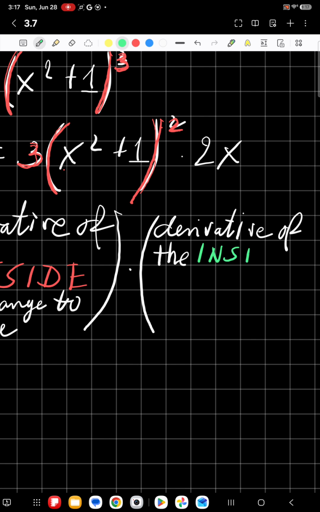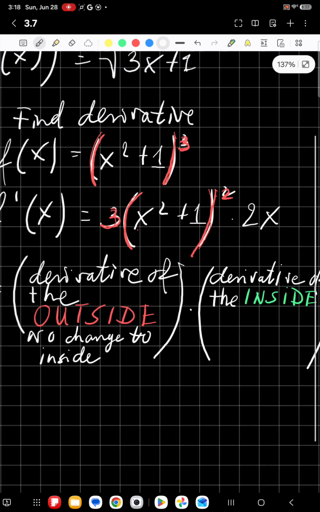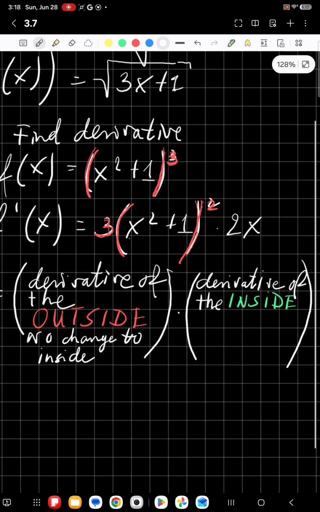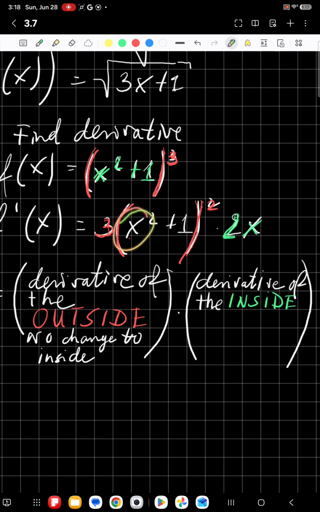That inside was x squared plus 1, and here's the derivative, the 2x. The derivative of the inside: the derivative of x squared is 2x, and the derivative of 1 is 0. So that's what's happening.